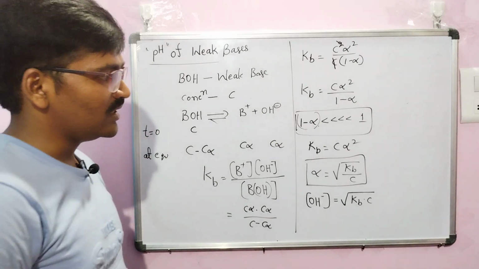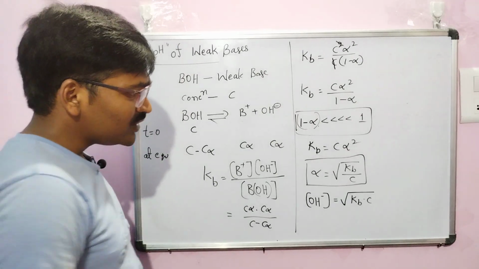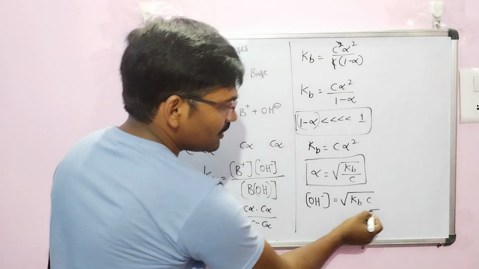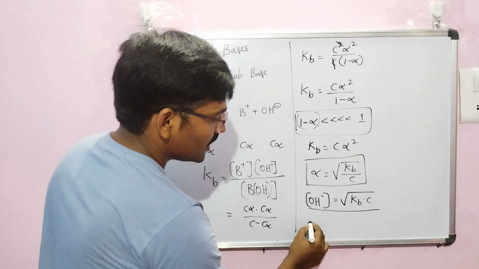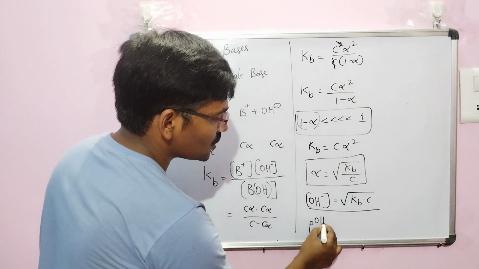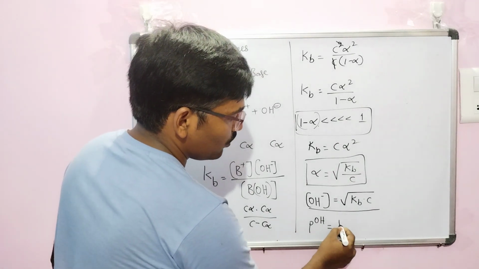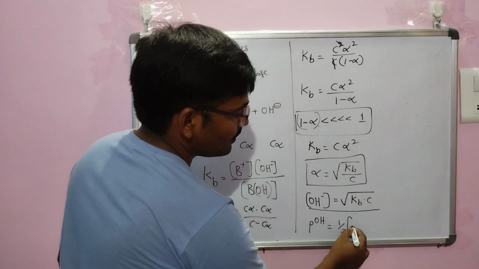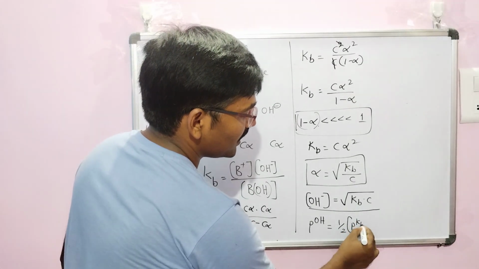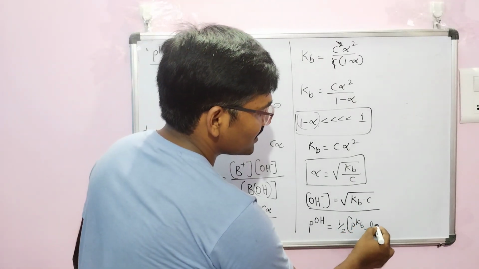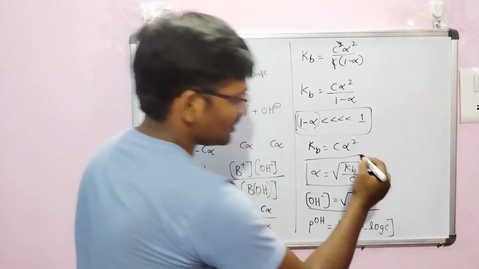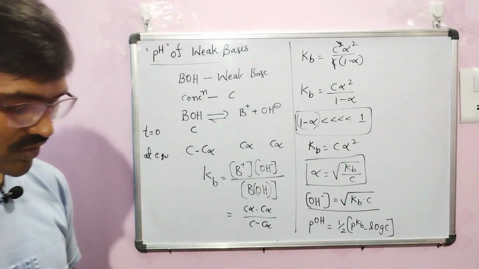Okay, we got it. Then if you apply the negative logarithm for this also, we get pOH equals 1 by 2 into pKb minus log C. This is the formula for pOH.